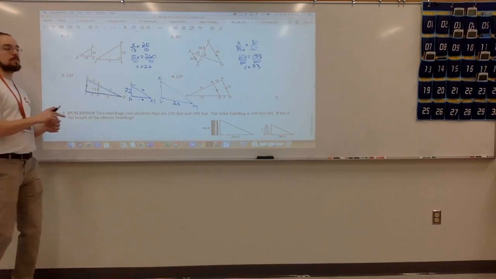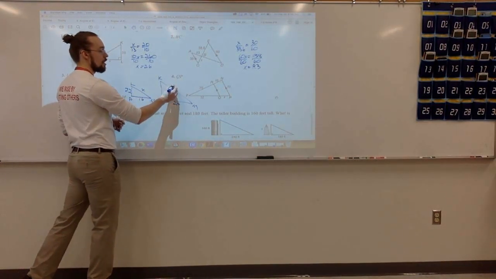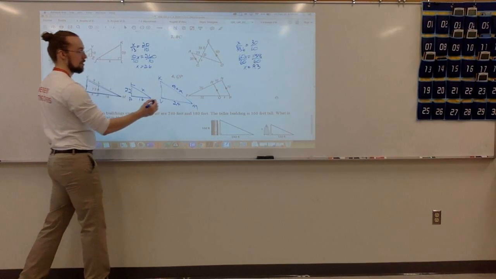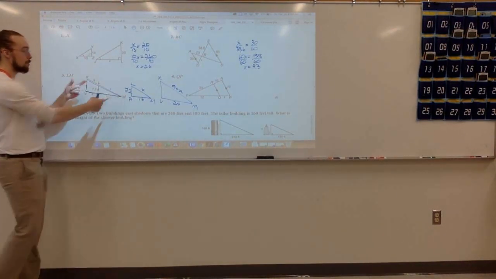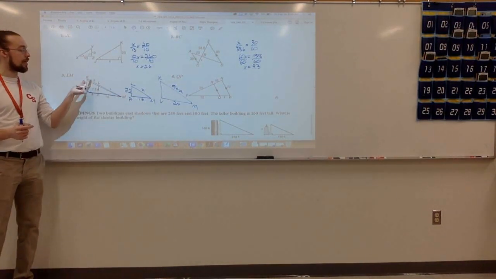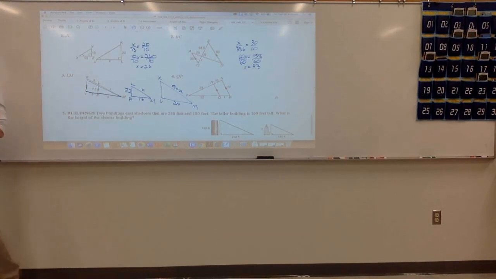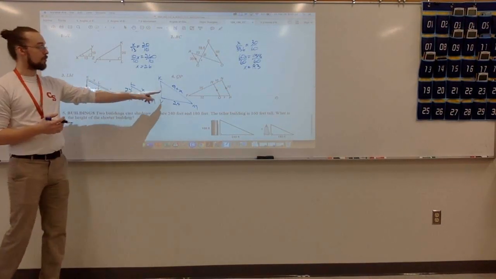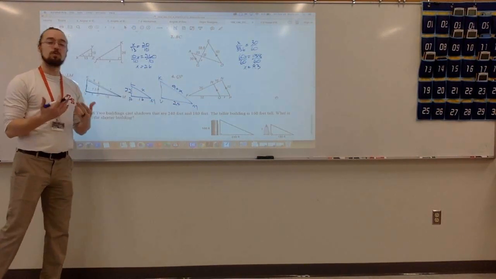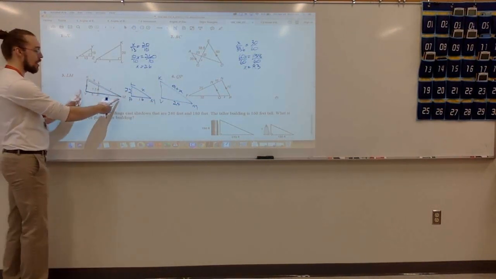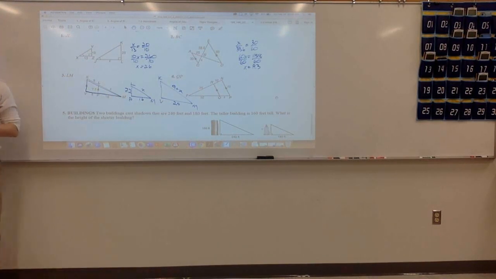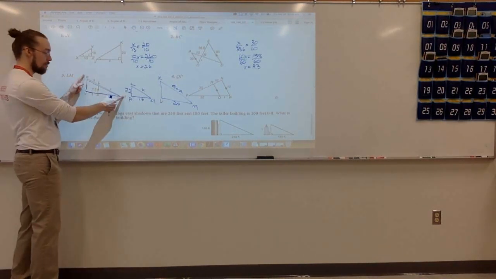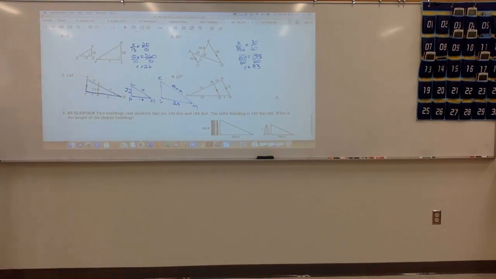Yeah, 9 plus x. So I can write the entire length of KM as 9 plus x. Okay? Whenever we're doing the big one, to get the total side lengths, we're just adding up pieces. So the length of this side is 9 plus x, that is 24.